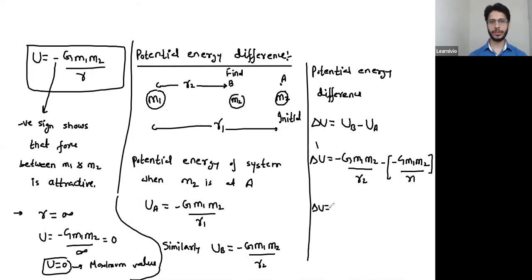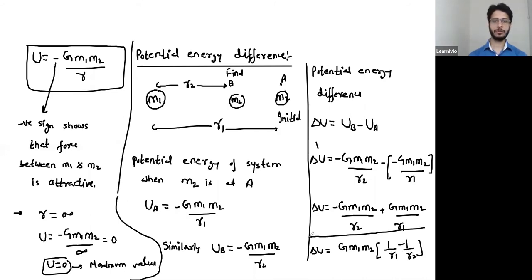So the change in potential energy is minus G M1 M2 by R2 plus G M1 M2 by R1. You can take G M1 M2 as common. This is 1 by R1 minus 1 by R2. So this is the expression of potential energy difference: G M1 M2 times (1 by R1 minus 1 by R2). Always remember that R1 is your initial separation and R2 is your final separation.